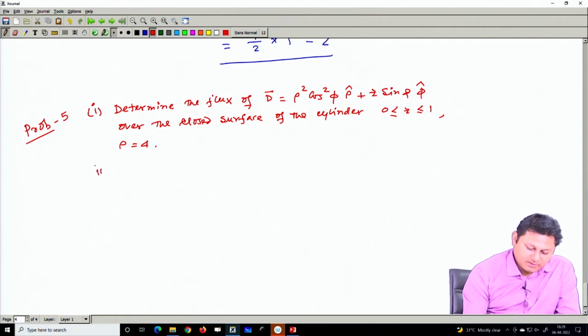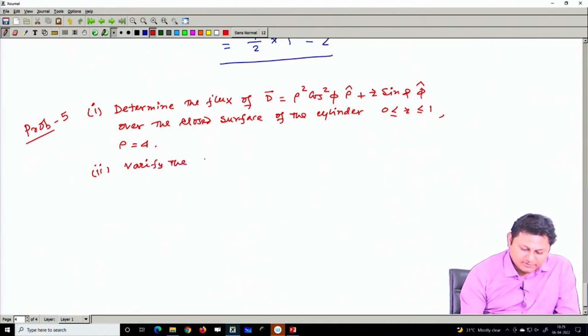The second part of the problem is saying to verify the divergence theorem for this case.